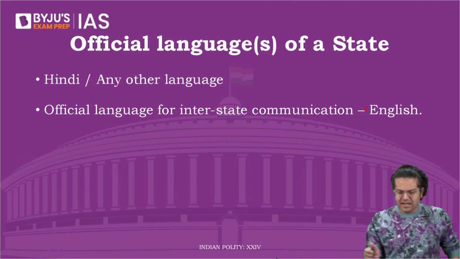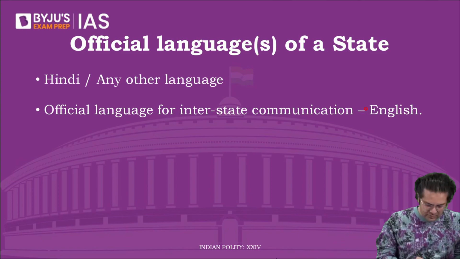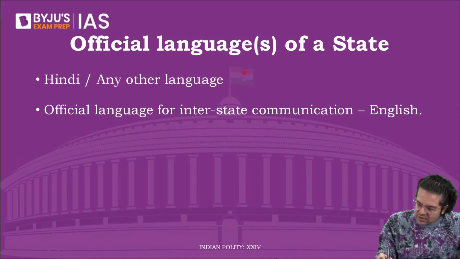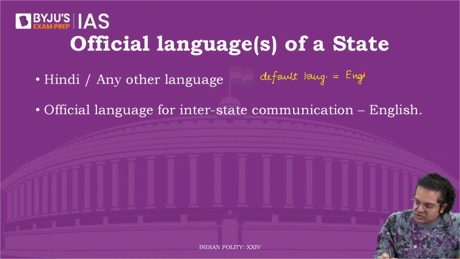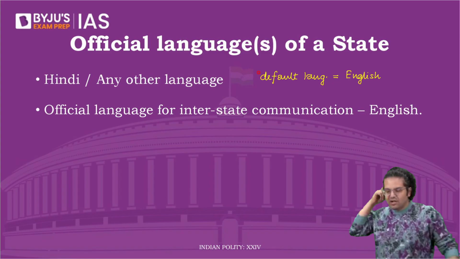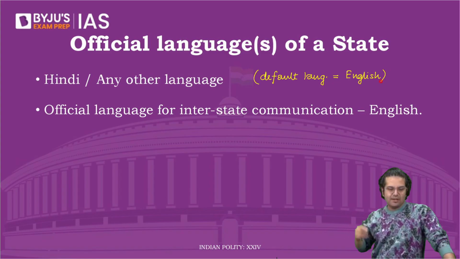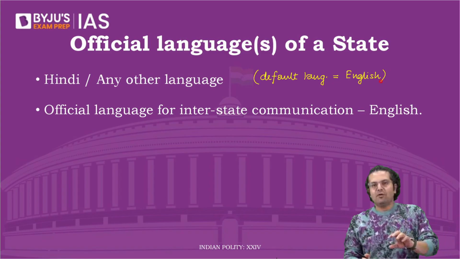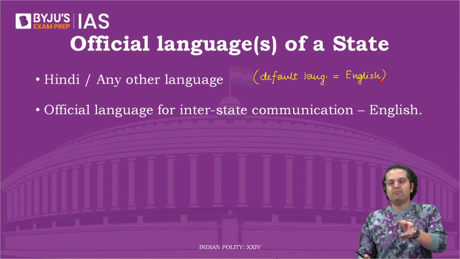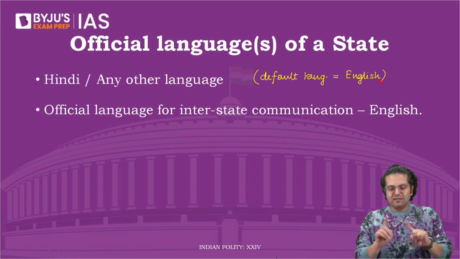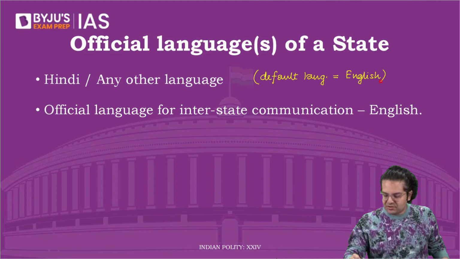Very simple. And always remember, if you don't make a law, the default language is English. By default, it is English. Now, if Karnataka wants to communicate with Tamil Nadu, or Tamil Nadu wants to communicate with MP, or MP with Tripura, interstate communication is done in English.